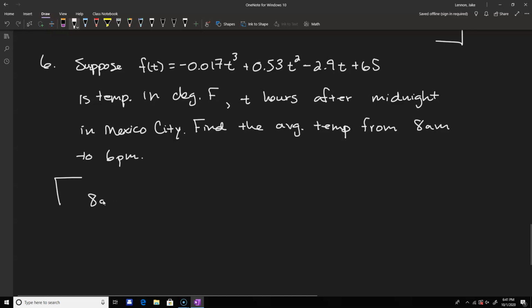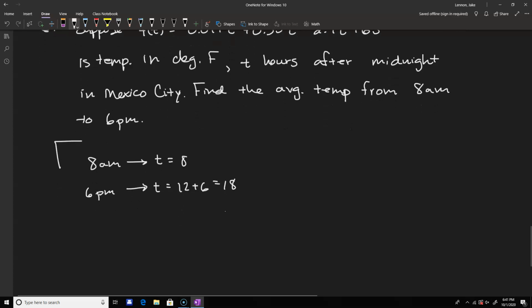So 8 a.m. corresponds to t equals 8. But 6 p.m. is going to correspond to t equals 12 plus 6, which equals 18. So those are our two t values, and from there we can use that to get the average temperature.